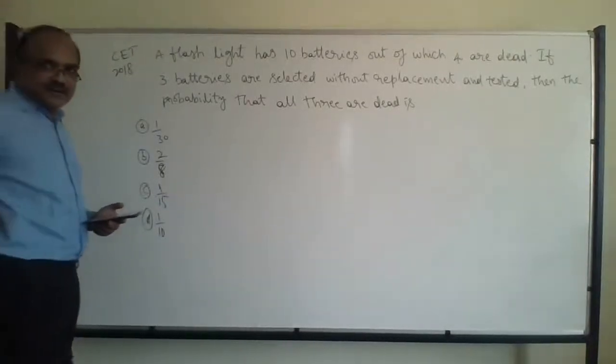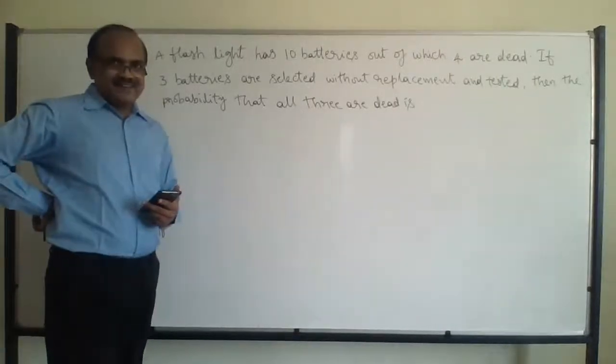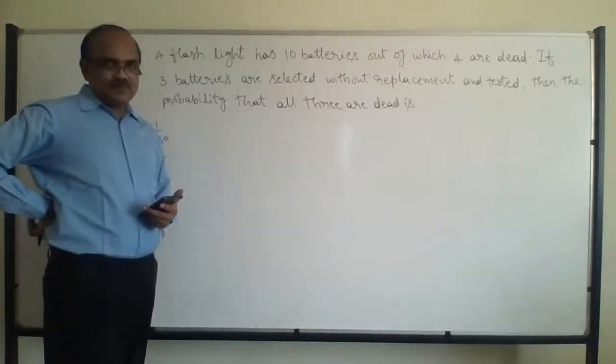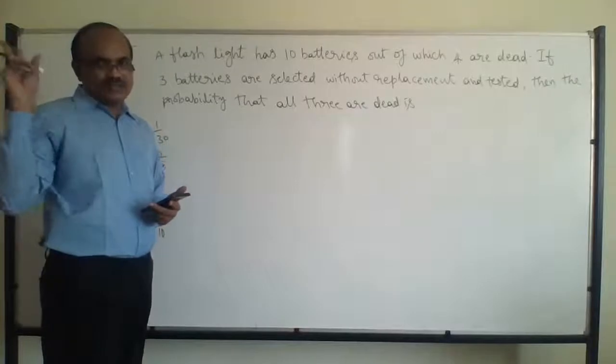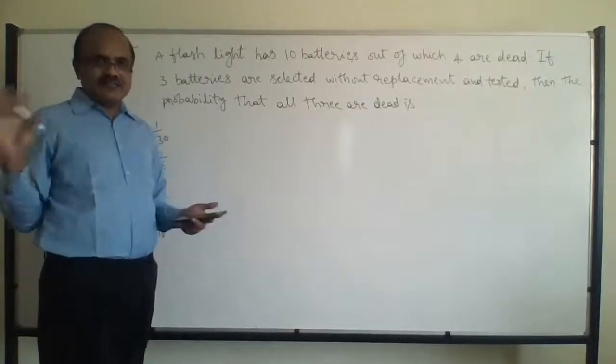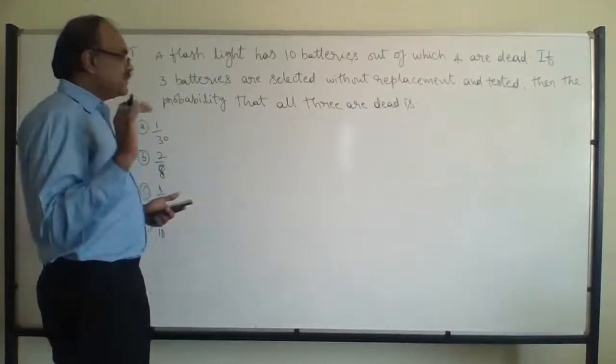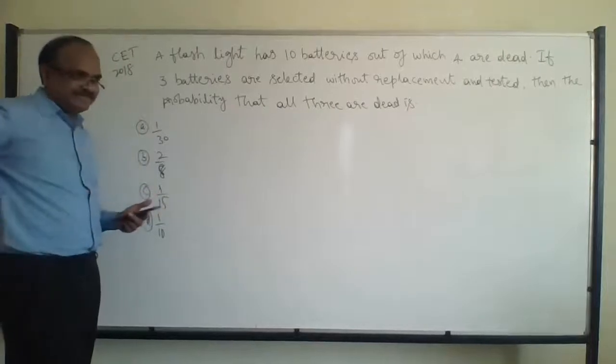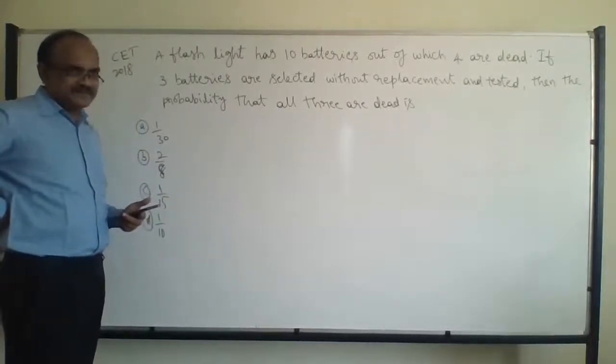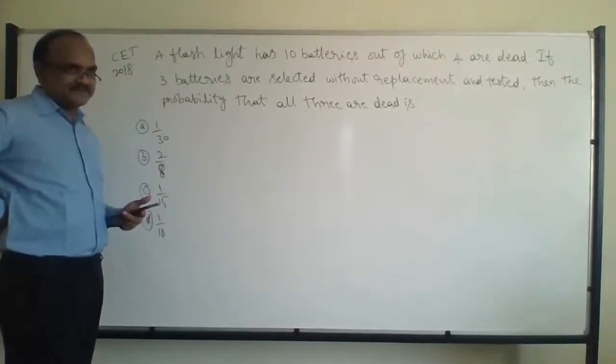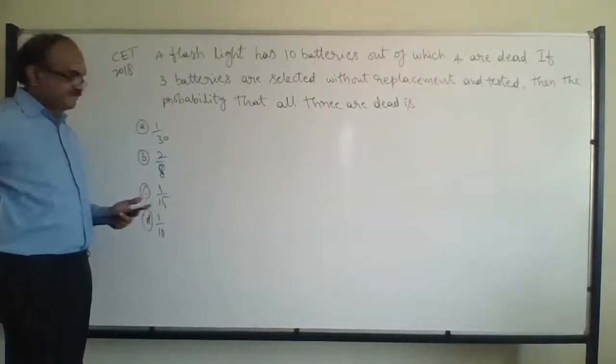So here, understanding the problem and identifying what is N and what is P, only these two things you have to identify correctly. Then all other things you will get. So can somebody tell what is N here? Please type it there.